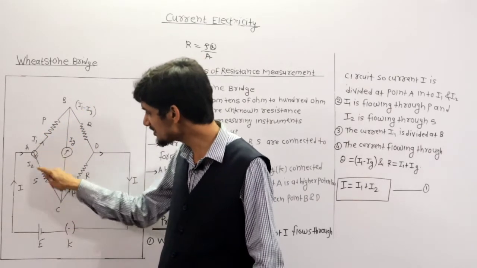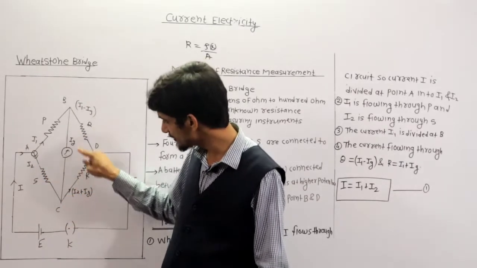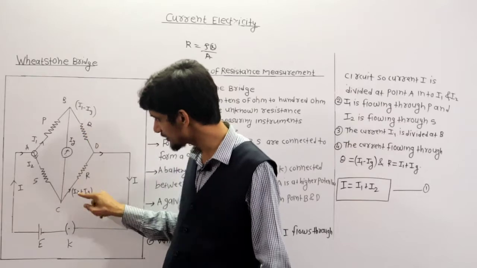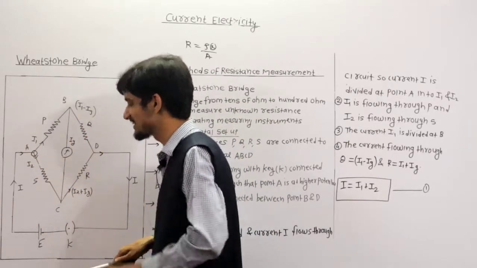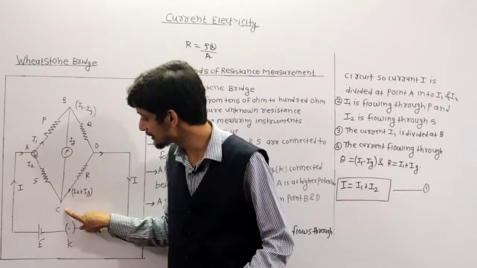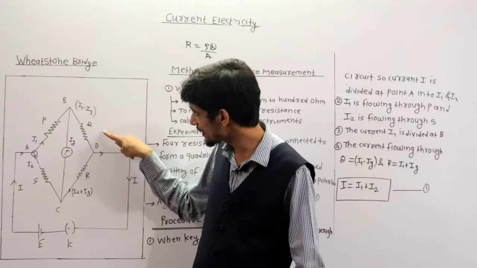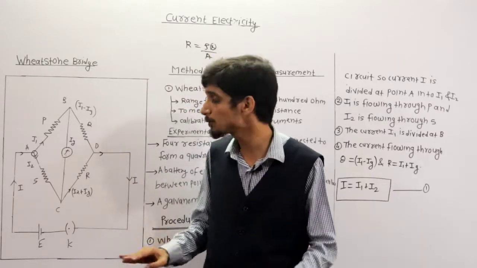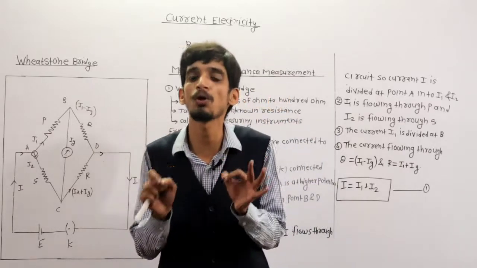Now as the current flowing through AC is I2 and through BC is IG, I2 plus IG flows into branch CD. So current flowing into branch CD is I2 plus IG, and through branch BD is I1 minus IG. In this way you can calculate the currents in the various branches using which law?